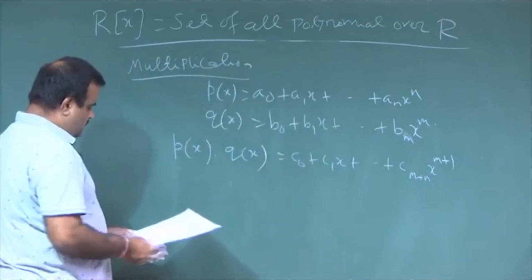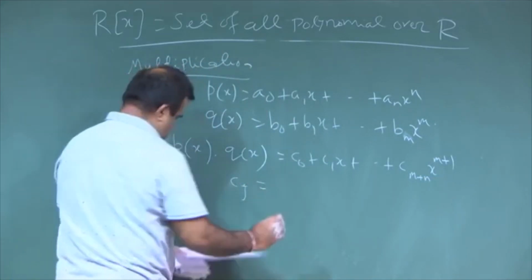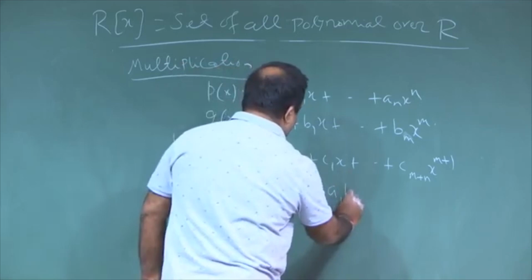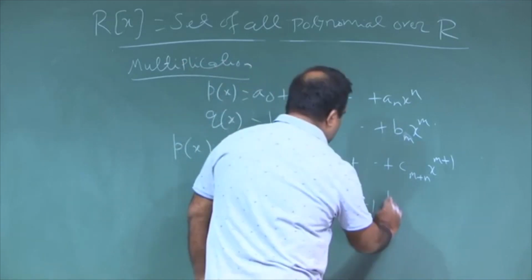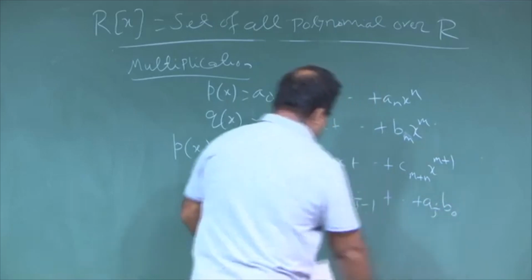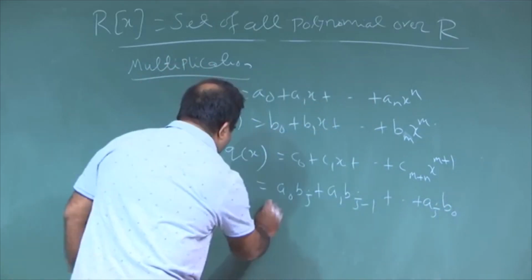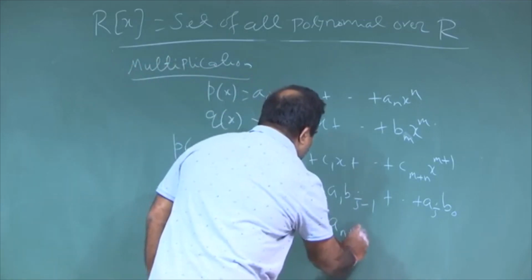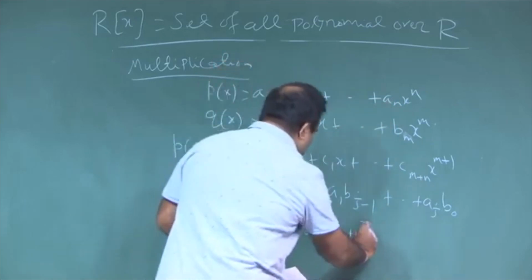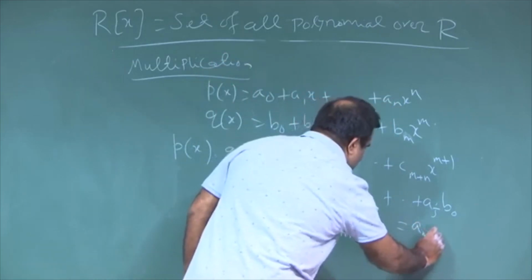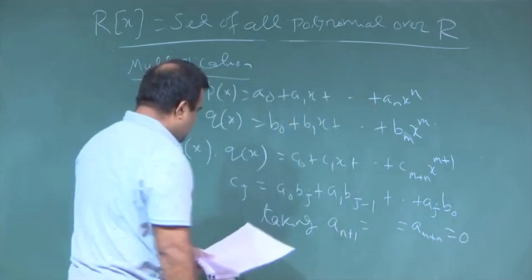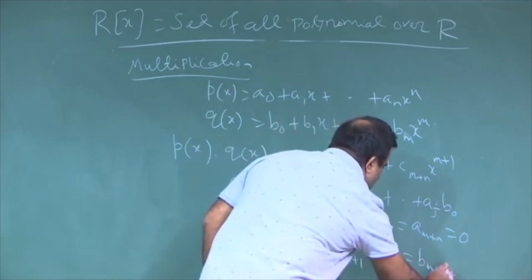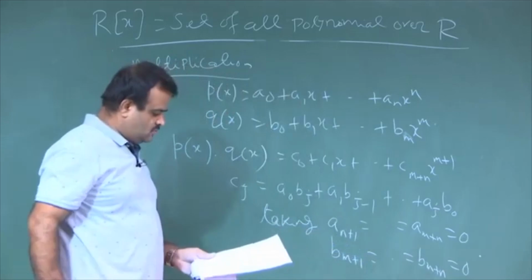Here c j is a 0 b j plus a 1 b j minus 1 dot dot dot a j b 0, where we take a n plus 1 to a m plus n to be 0, and similarly b m plus 1 to b m plus n to be 0 also.